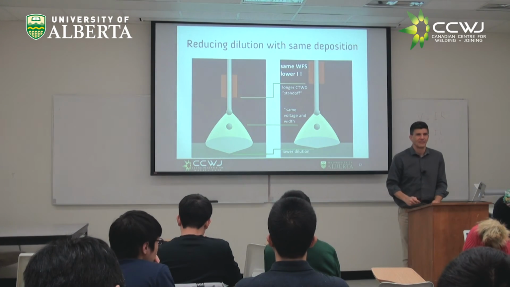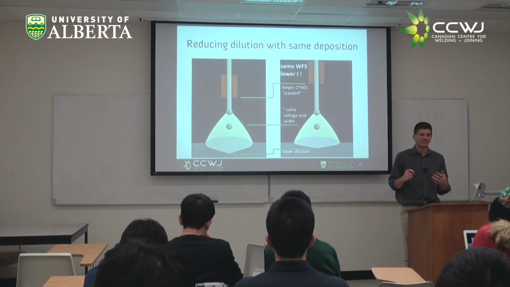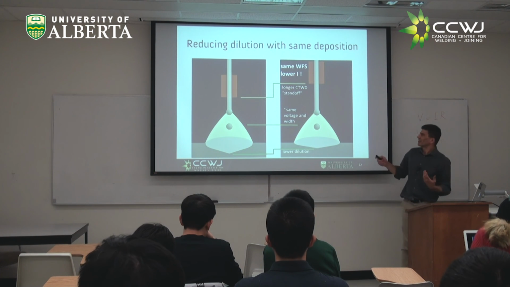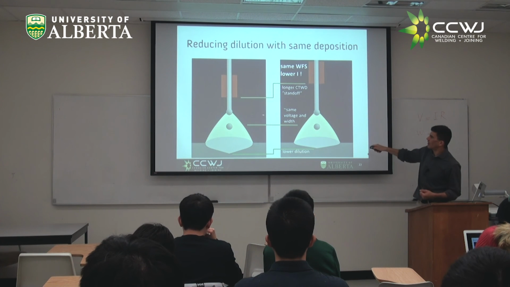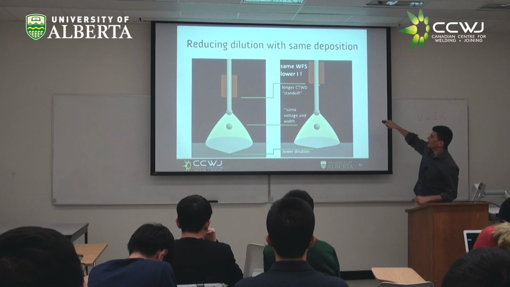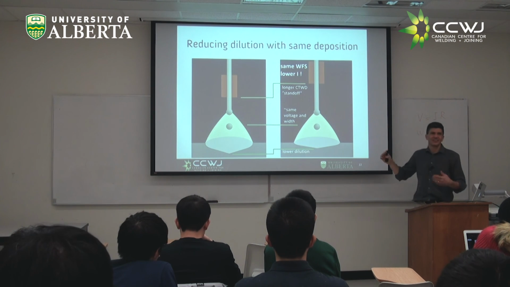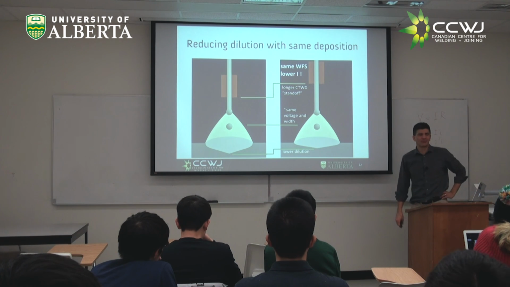When you say approximately the same voltage, is that because if you have a slightly longer wire with approximately the same voltage drop, it's going to change the heating of the wire a little bit? Well, I say approximately the same voltage because if the arc length in both is the same, the arc is more or less the same voltage. But with the electrode stickout, on one hand the current is lower, on the other hand the stickout is longer. I need to think for an extra 30 seconds.